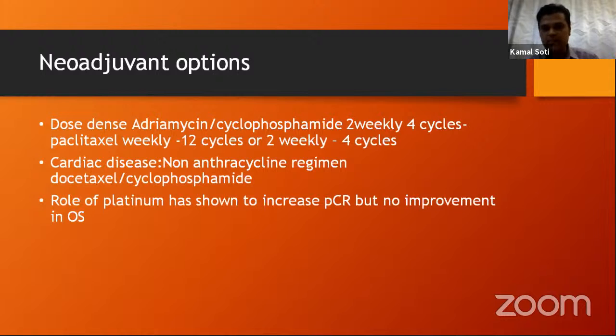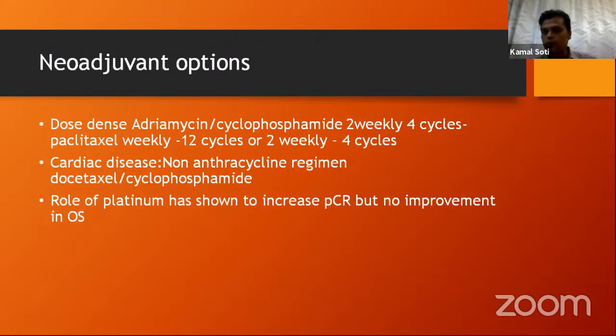The chemotherapy options that we use in the neoadjuvant setting are the same as those we use in the adjuvant setting. But especially in TNBC, triple negative breast carcinoma, where BRCA gene testing had been done, people have studied the role of a platinum group of chemotherapy, namely cisplatin and carboplatin, with paclitaxel. What has been shown is that the pathological complete response is better on adding this chemotherapy.